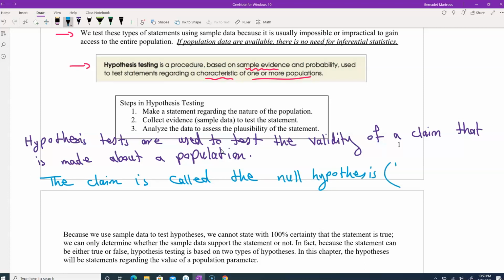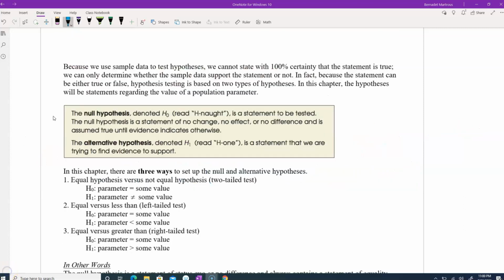We're going to show this with H, here it is 0, but we call it H-naught. So for the null hypothesis we use H-naught, and for the alternative, we have H1.